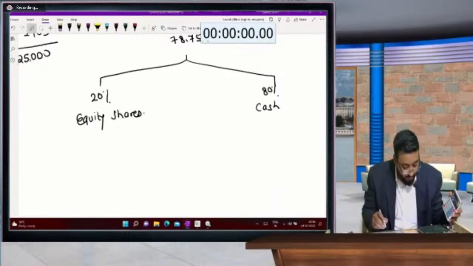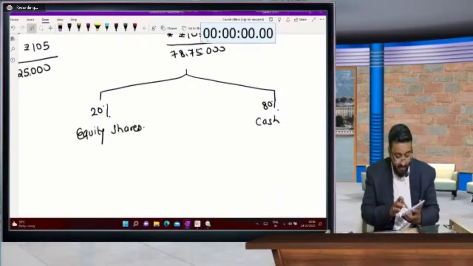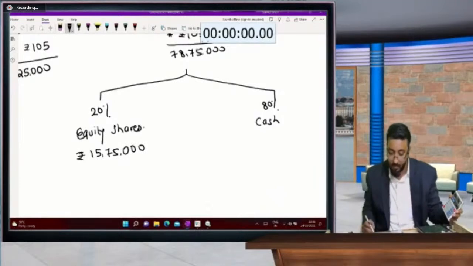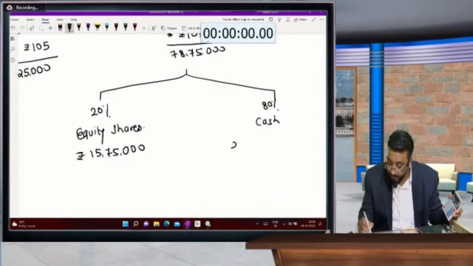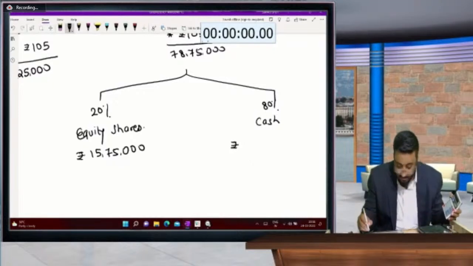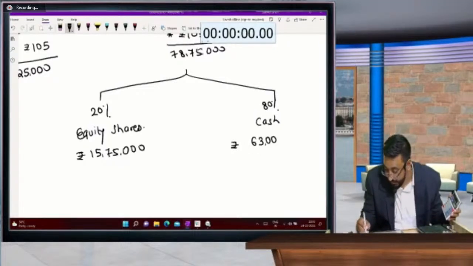So 78,75,000 into 20% is rupees 15,75,000, and 80% in cash, beta, is 63 lakhs.